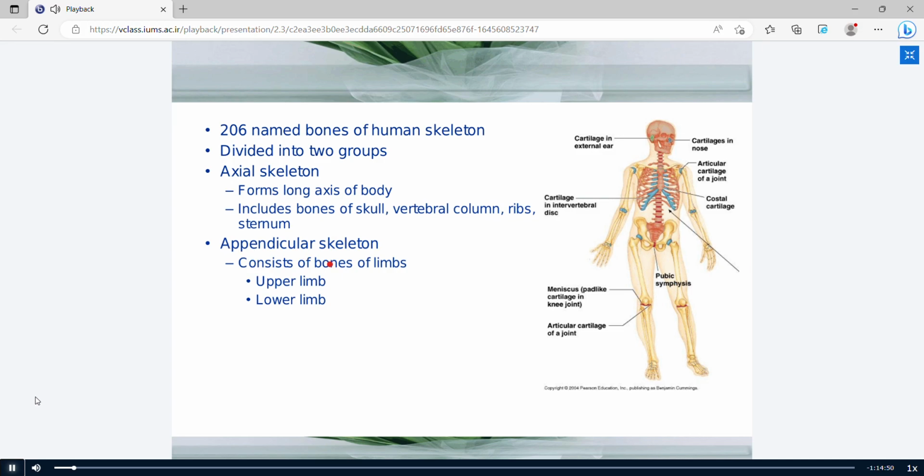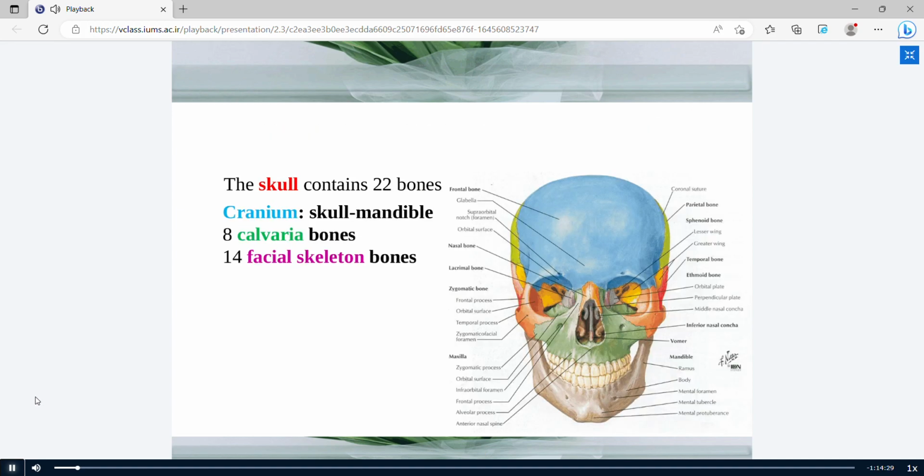Actually, the appendicular skeleton consists of lower limb bones and upper limb bones. And the axial skeleton includes the skull, sternum, ribs, and vertebral column. The skull is linked to the appendicular skeleton and contains 22 bones.